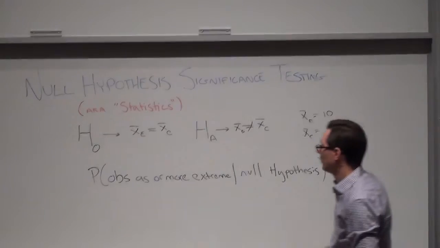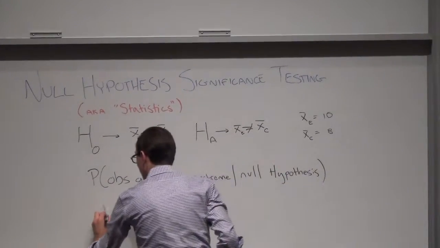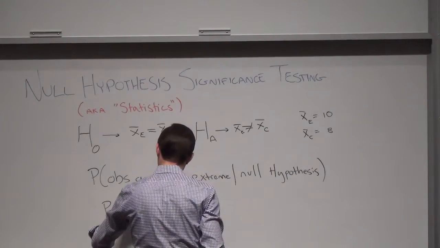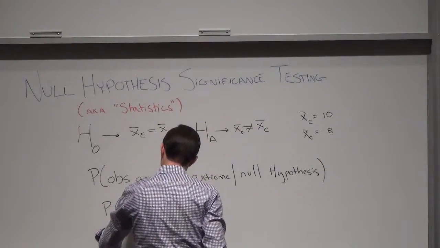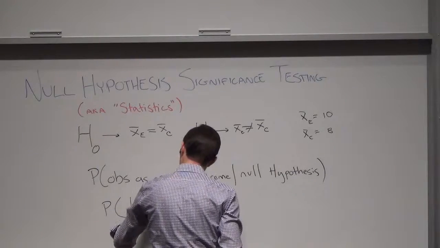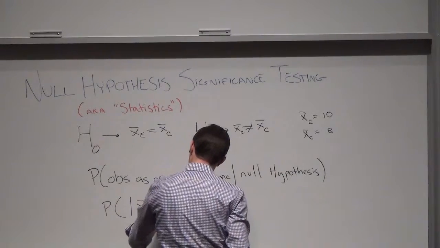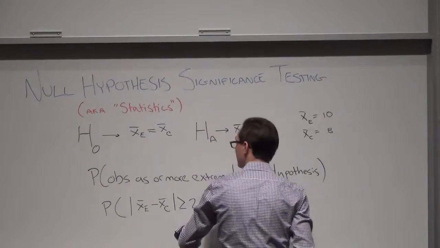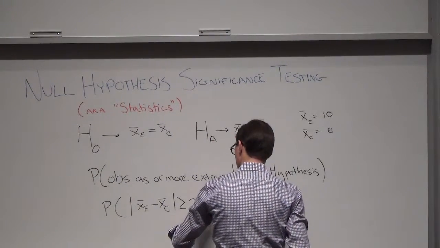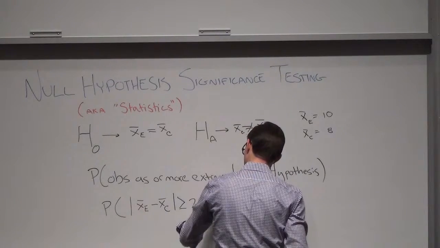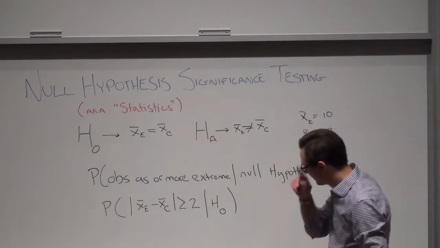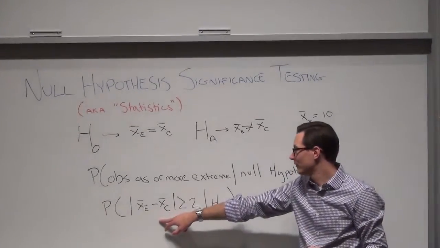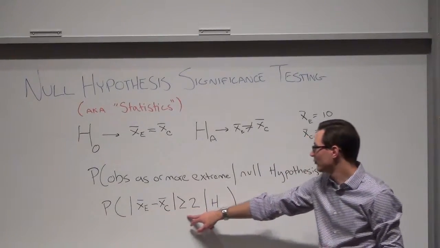And so we want to know, what's the probability that we would observe a divergence of more than 2?